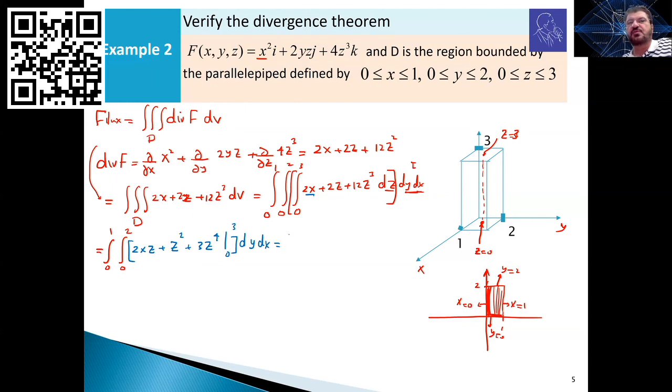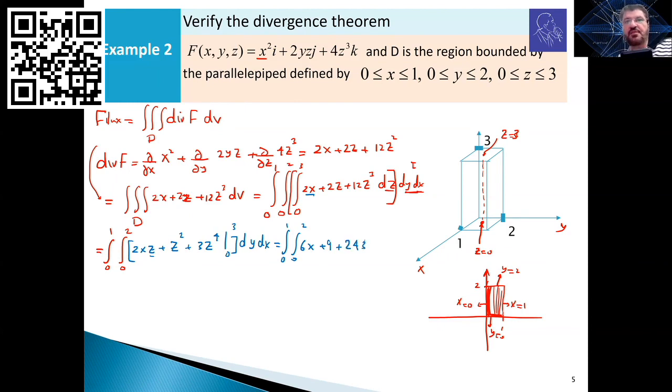Now this is equal to the integration from 0 to 1, integration from 0 to 2. Now let's put the 3, guys. So what do you get? 6x, then plus 9, plus 3 to the 4 is actually 81. 81, if we multiply it by 3, we get 243.